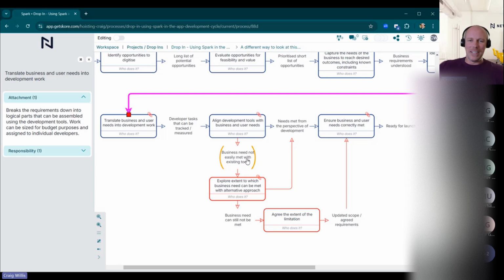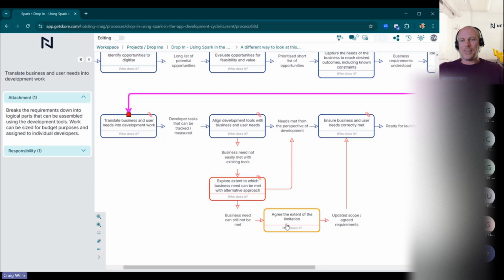If it's not easy to meet, then the team have to ask: is there an alternative approach that we can take, and how long should we continue to explore that alternative approach? At some point, we've got to make a decision: yes, we can meet the needs and carry on, or actually it's going to take way too long, or it's simply not possible.